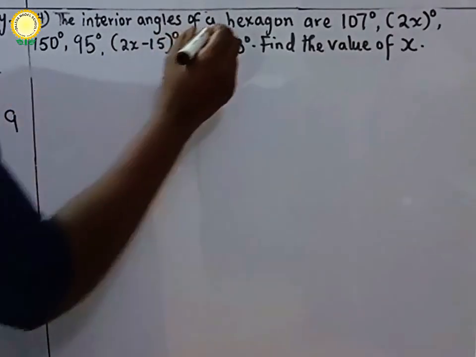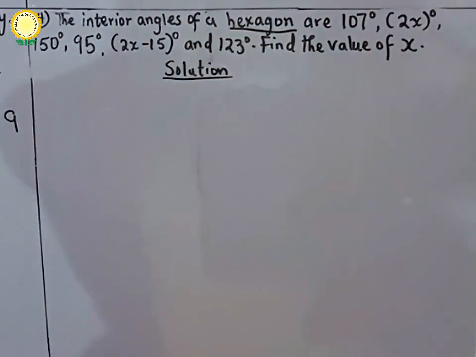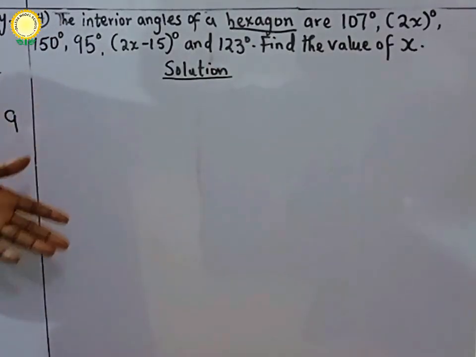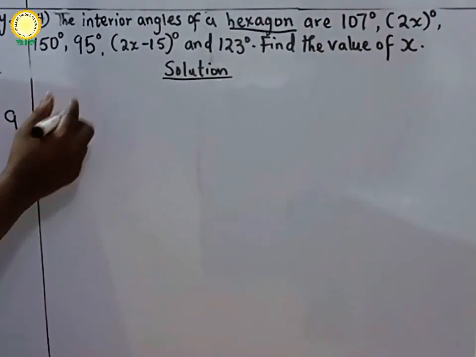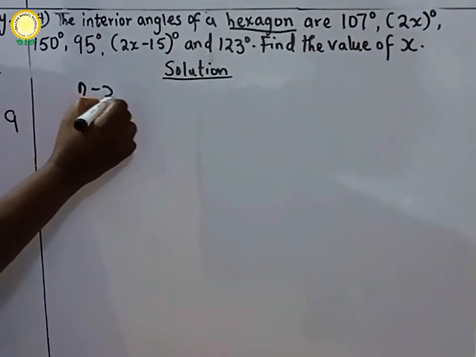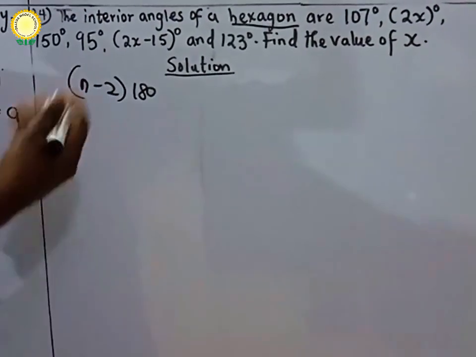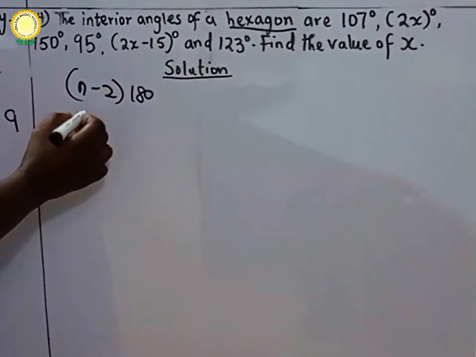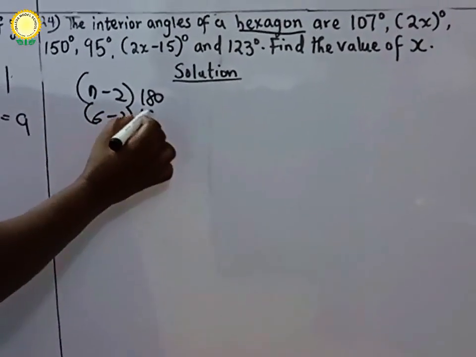So what we need to know is that this is a hexagon and it has 6 sides and therefore 6 angles. The first thing to do is to find the sum of the angles of a hexagon, and the general formula is: n minus 2 times 180. n is 6, minus 2 times 180.